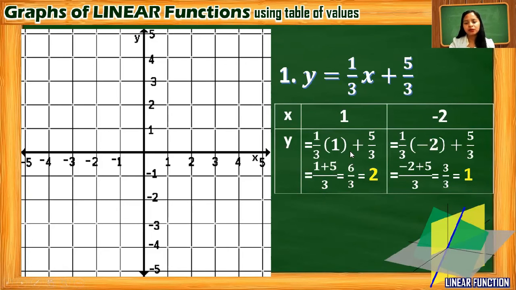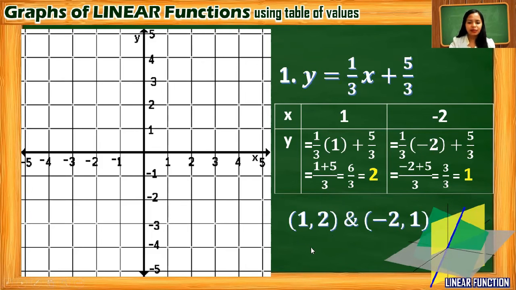And if we are going to simplify this function, we can come up with the value of y is equal to 2. And for the value of x that is equal to negative 2, the value of our y is equal to 1. So we have the points (1, 2) and (-2, 1).